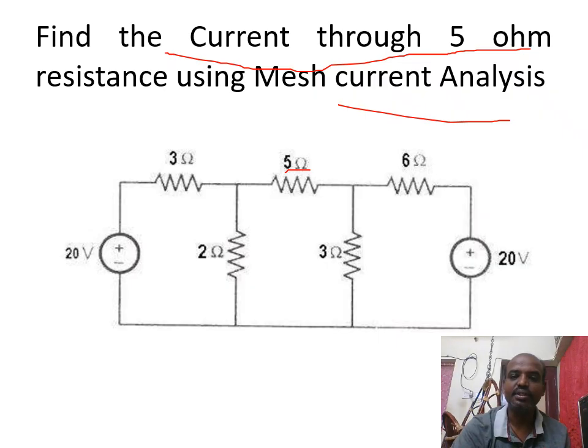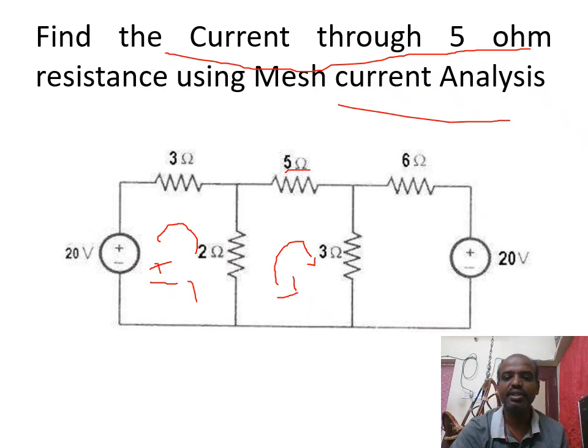So as I told earlier, in this circuit we need to identify how many closed paths there are. Here this is the first closed loop path, and the current will be assumed as I1, and this is the second closed loop path, and we have to assume the current in the clockwise direction.